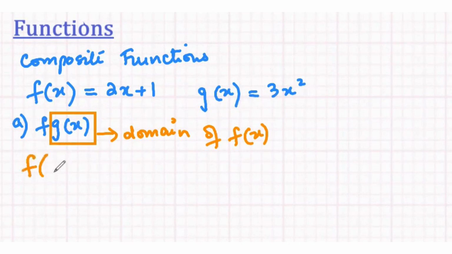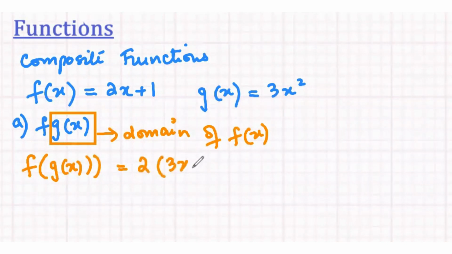Basically, it's like this, f of g of x. So never put the second bracket, but for your understanding, you can put the second bracket and see that, oh, so g of x is the domain of f of x. So why not just replace the x with 3x squared? So now if you notice, the x in f of x is getting replaced by g of x.